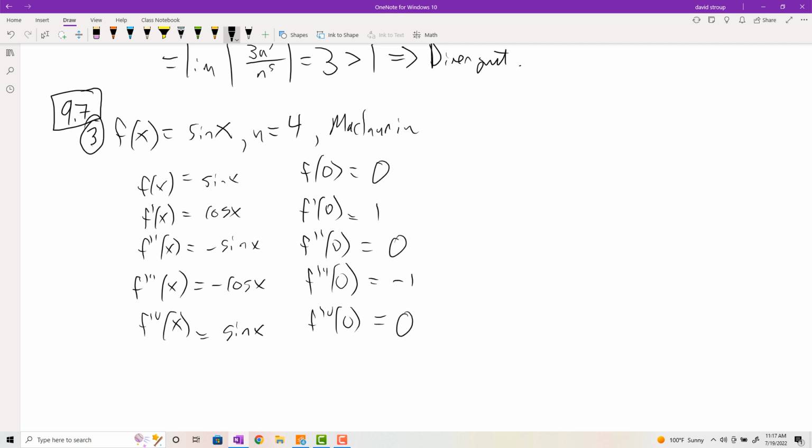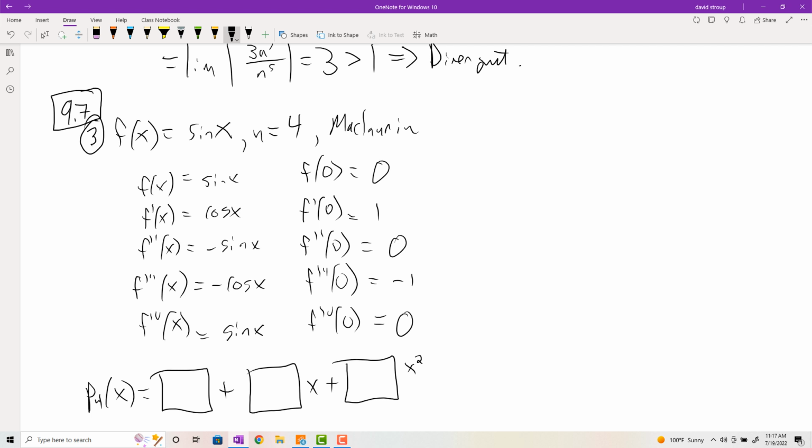And then it's basically just copying and pasting into your formula for the Taylor or the Maclaurin polynomial. So P4 of x is basically blank plus blank x plus blank x squared over 2 factorial plus blank x cubed over 3 factorial plus blank x to the 4th over 4 factorial.